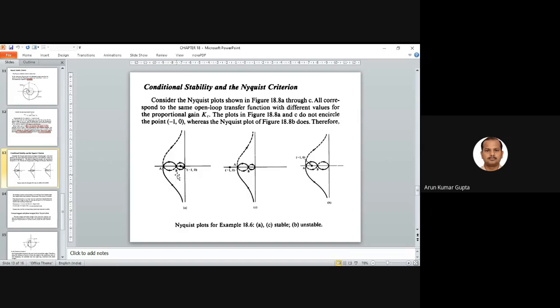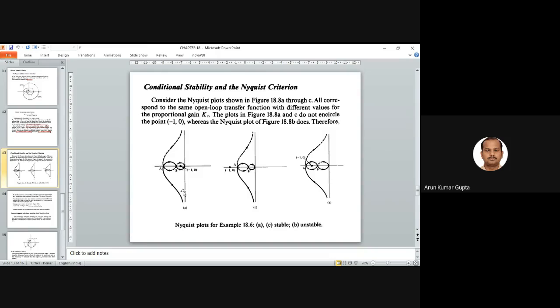Okay, so this is diagram A, and here it is shown that the minus 1, 0 point is this point, right? You can see that this curve is moving like this, and now it is going like this. So it is not encircling the point minus 1, 0, right?